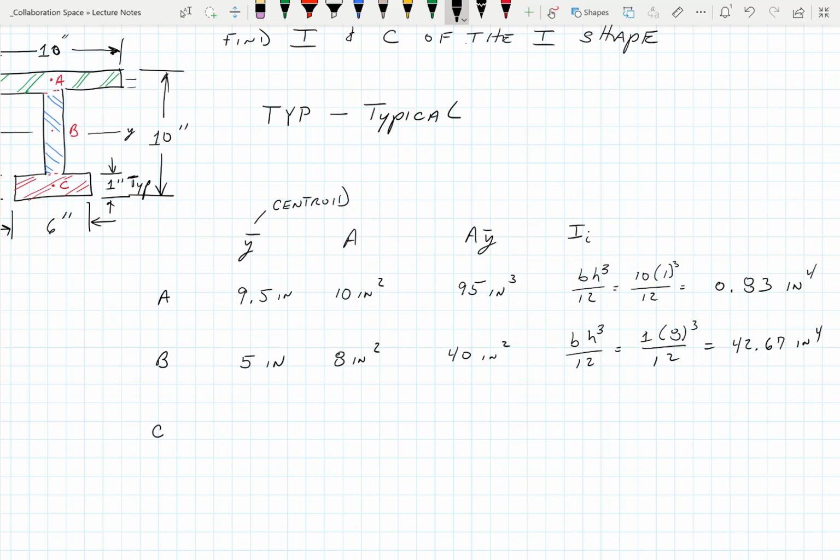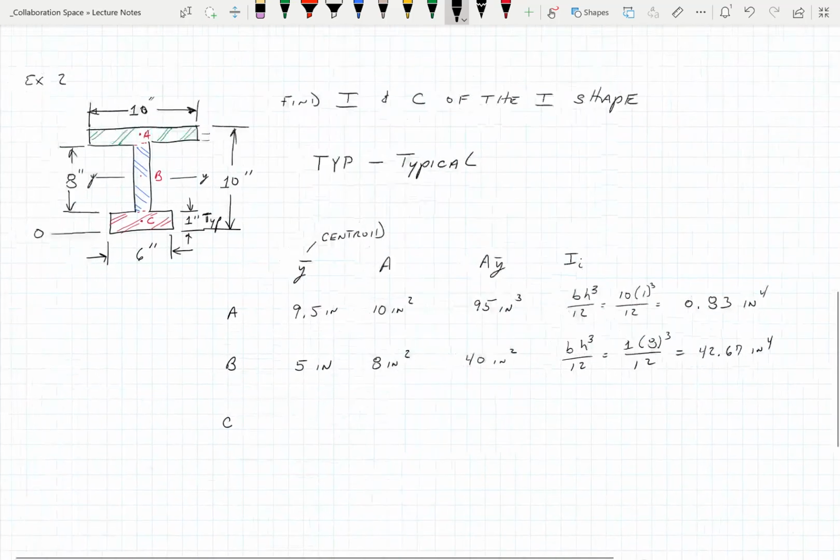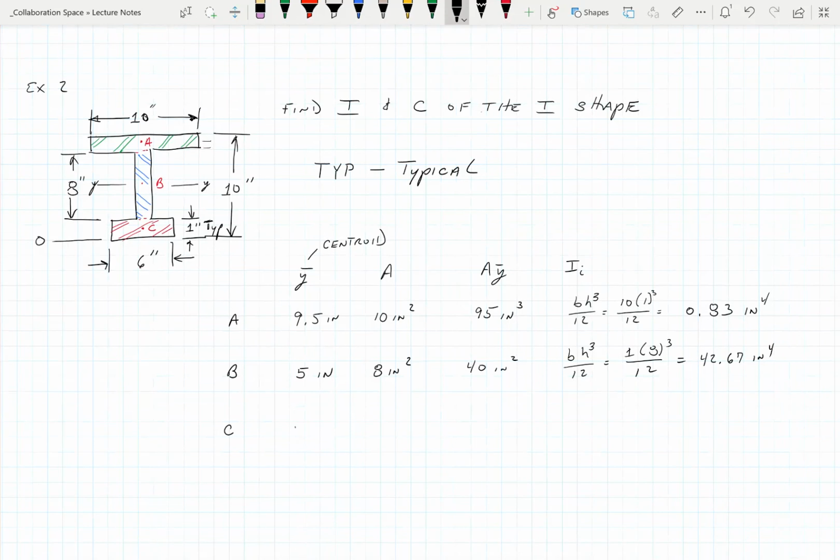Okay. C should be 0.5 inches. Okay. Our area, 6 times 1, should be 6 inches squared. 6 times 0.5 should wind up with 3 inches cubed, right?